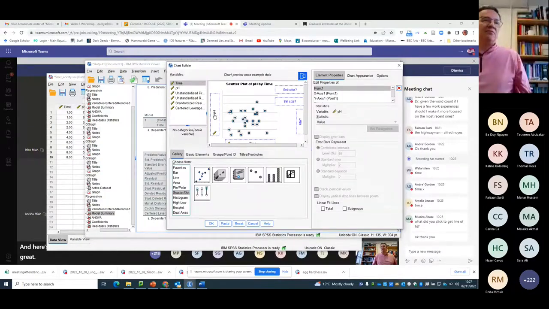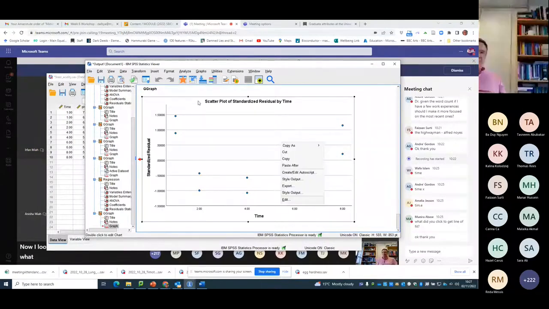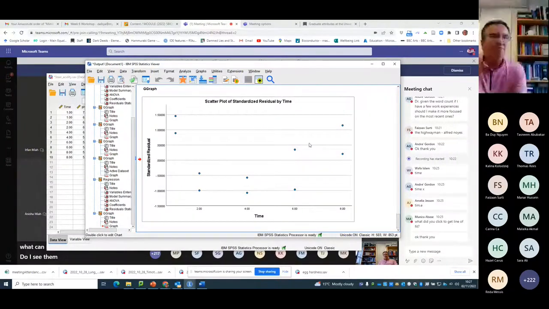I can take pH out and I can do the standardized residuals. Let's put these in and go OK. Now I look at the standardized residuals and what can I see? Do I see them randomly scattered around like I did the first time?